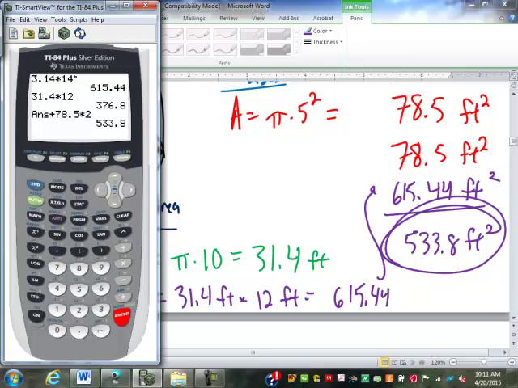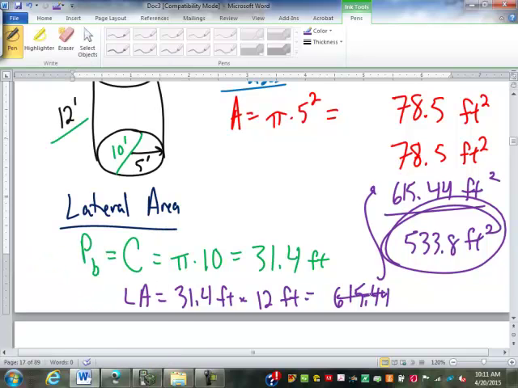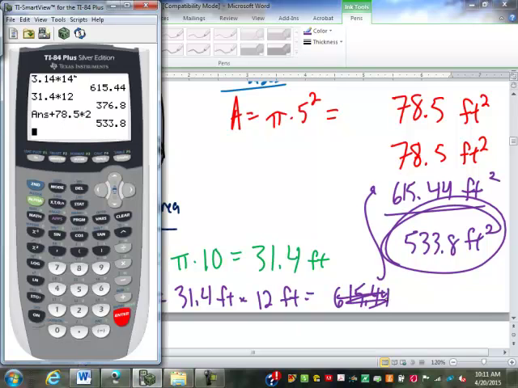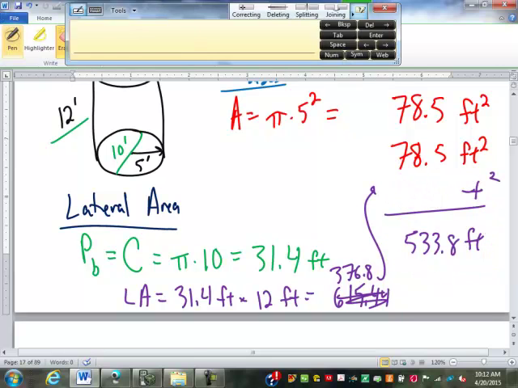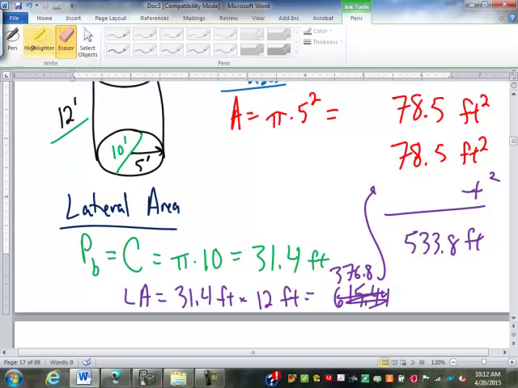Why did I write down 615? I have no idea. It should be 376.8, shouldn't it? I have no idea where that came from. 376.8. We add that up. It's 533.8.